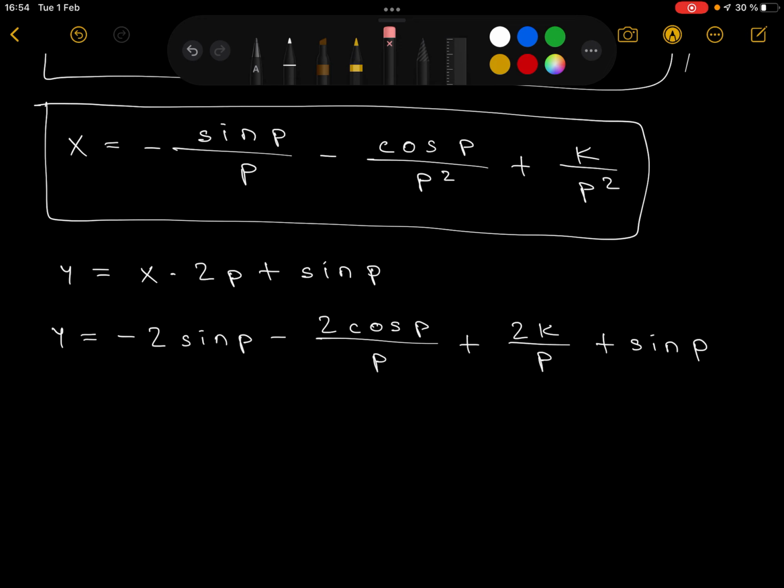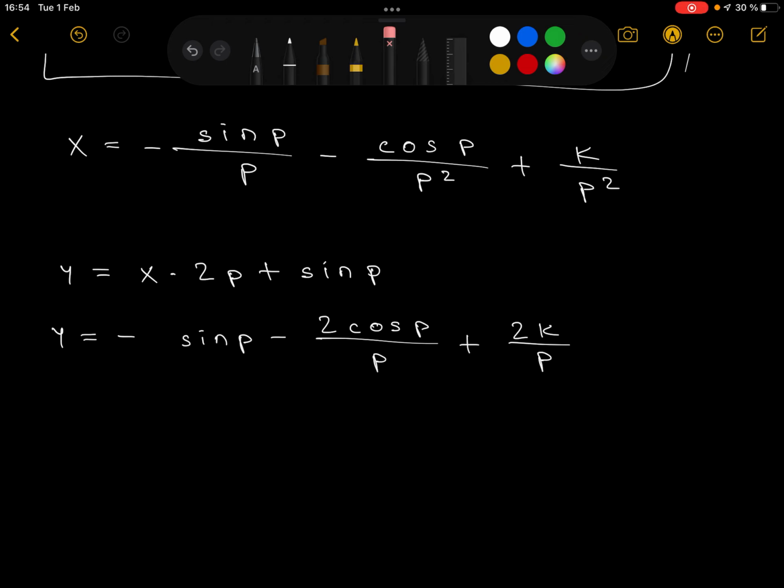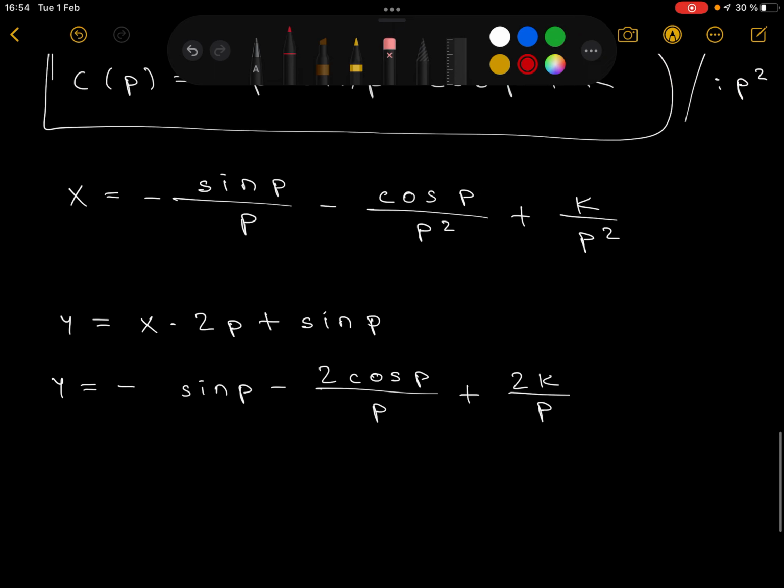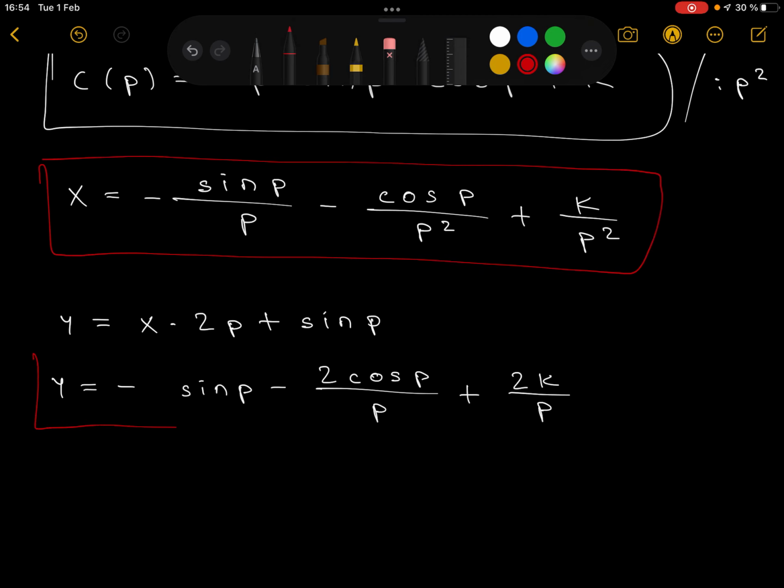So minus 2 sine p plus sine p, that's just going to be minus sine p. So this here, that I'm going to encompass in red, is our final solution to our problem.